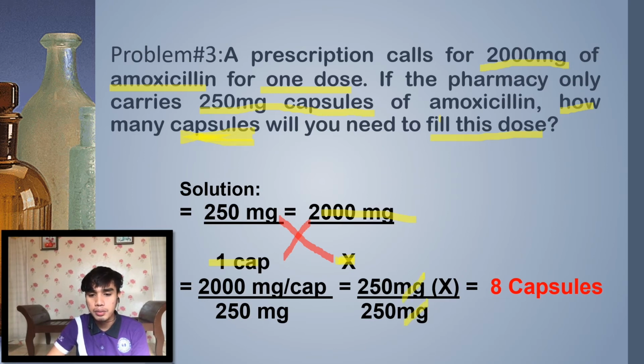That would allow us to cancel this unit. Then what's left is the capsule. So the capsule here would be equal to 8 capsule. So that's it. We need 8 capsule of amoxicillin in order to fill this dose.